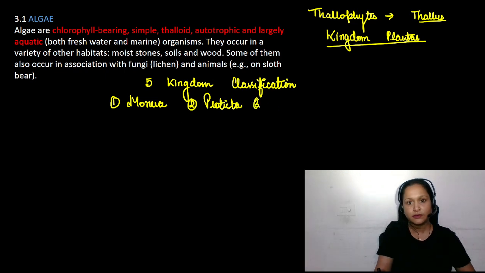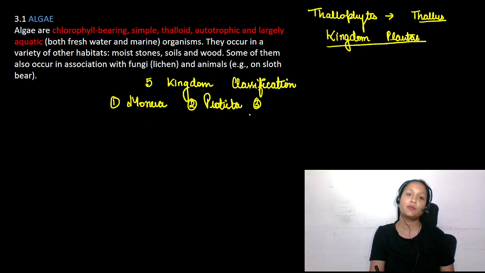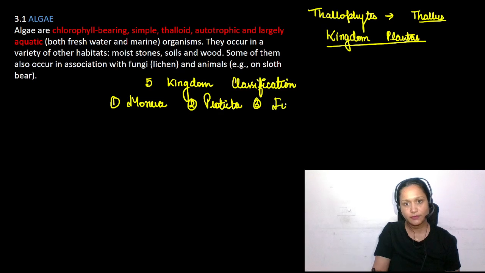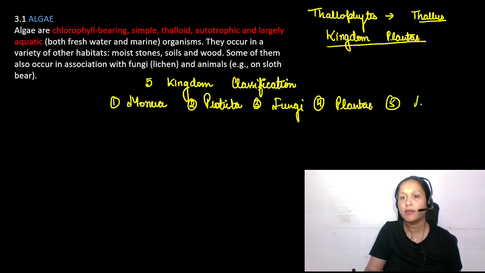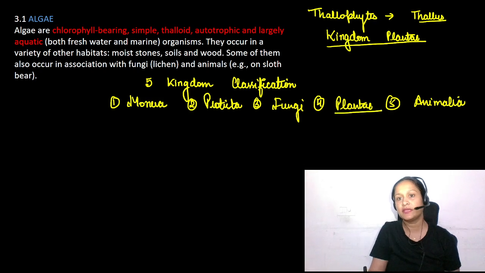Number 3, Fungi. Number 4, kingdom Plantae. And the 5th kingdom here is kingdom Animalia. So algae are placed in which kingdom? They are placed in the kingdom Plantae.